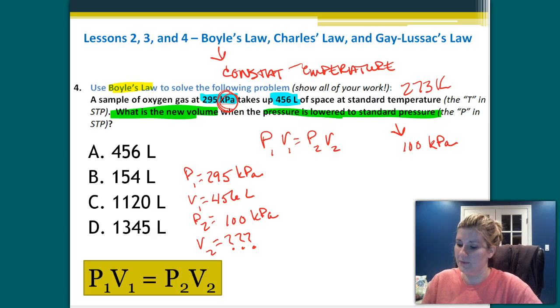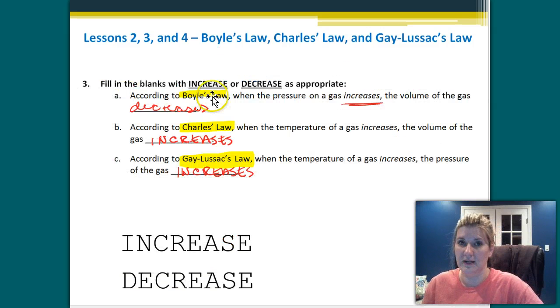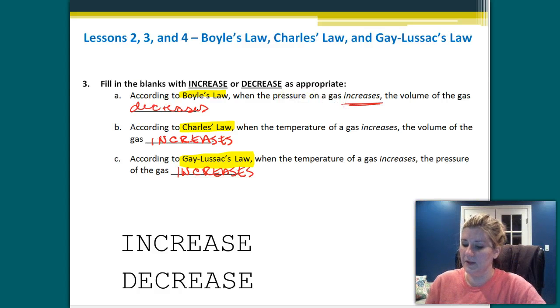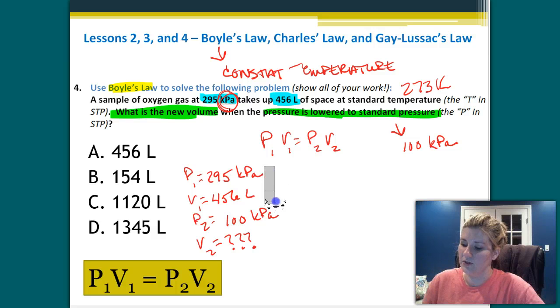Now I'm going to take a moment to just remind you that we can do this based on some rationale. Knowing that we have an indirect relationship in Boyle's law between pressure and volume, we have opposite things happening to each. So if the pressure increases, volume decreases. Pressure decreases, volume increases. Here we have pressure pretty clearly decreasing.